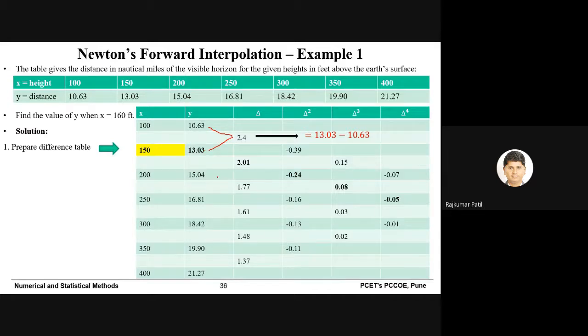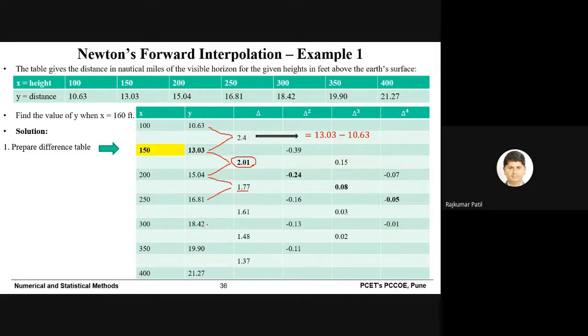We go to the next value. How did we come to the value 2.01? It's the difference between 15.04 minus 13.03. Similarly, 16.81 minus 15.04, you will get 1.77.